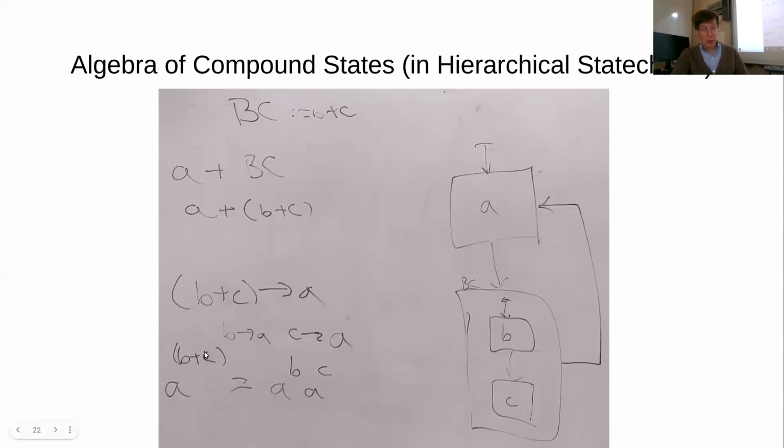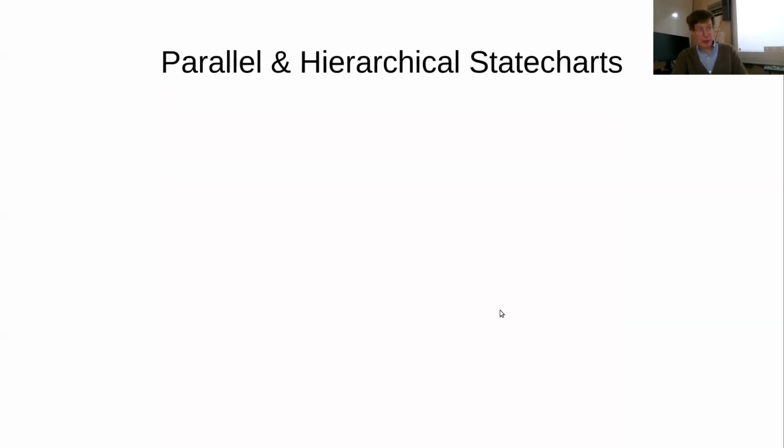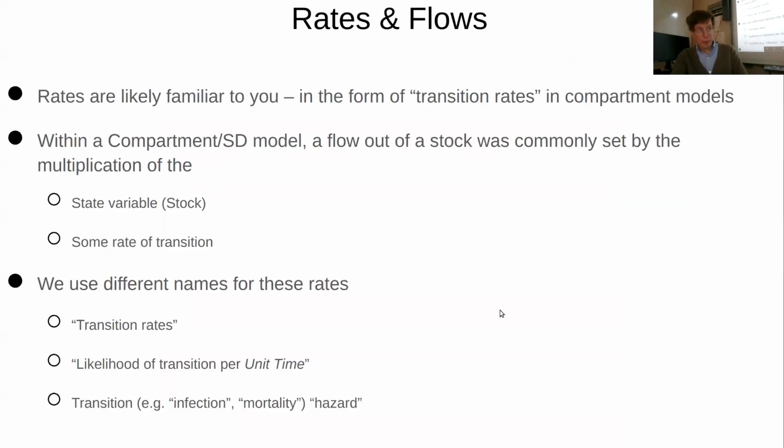This map, this way of going from B plus C, either B to A or C to A, is that information. If you need to specify how you can get from either B or C to A, it's the same as specifying the ways of getting from B to A and the ways of getting from C to A. So there's an algebra of compound states that I won't get into, also with respect to the entry point. Okay.